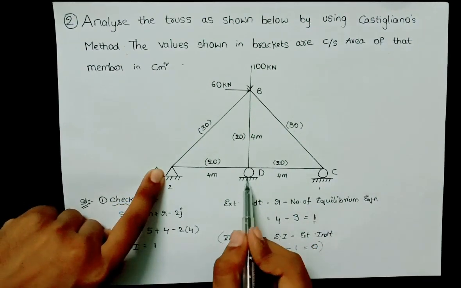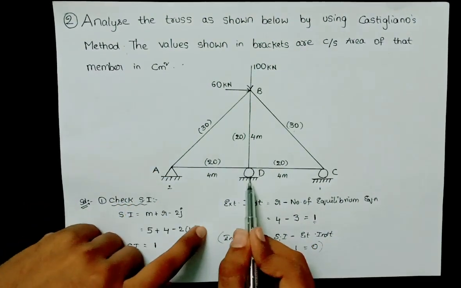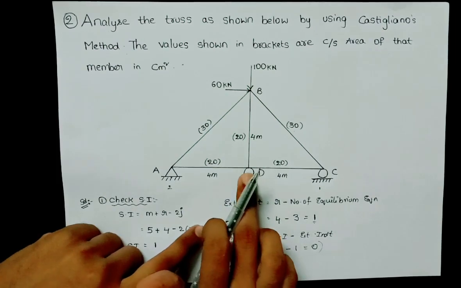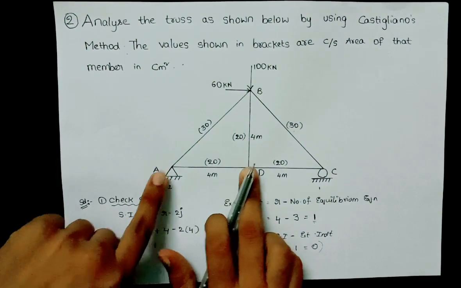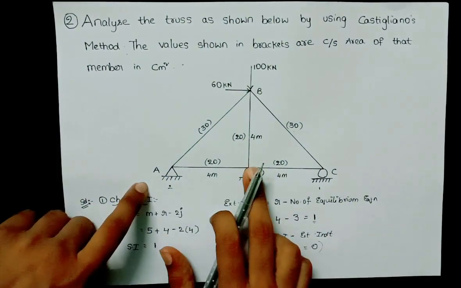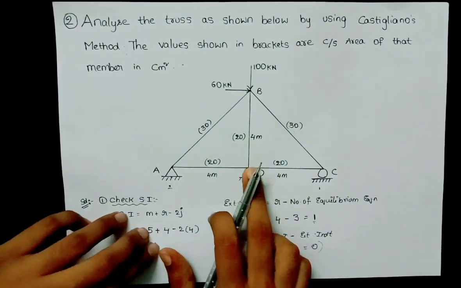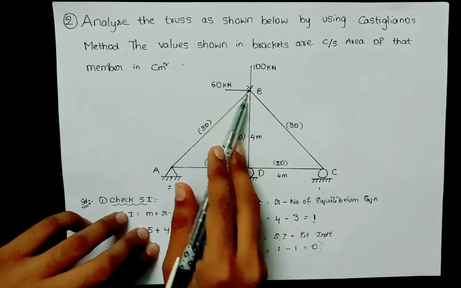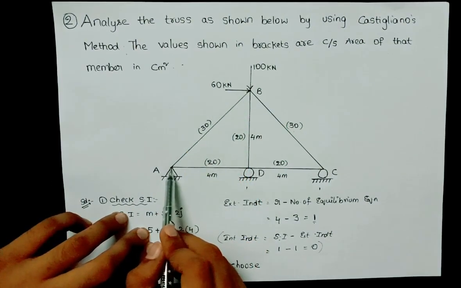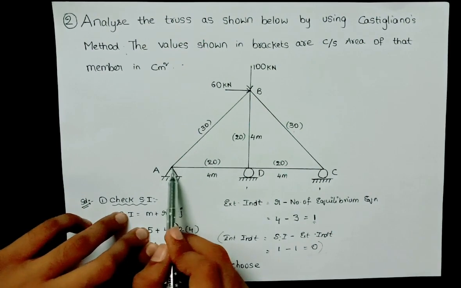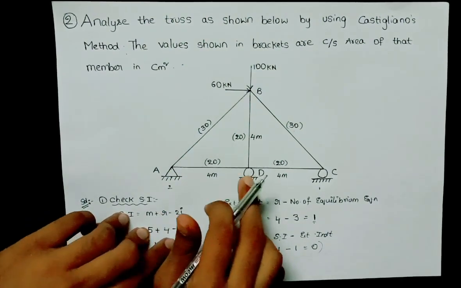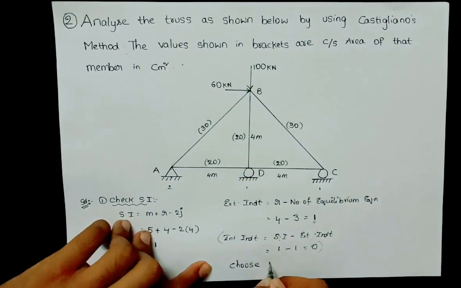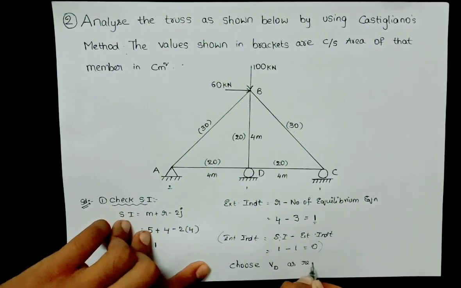If we take the vertical reaction at D as redundant, then it will look like a simply supported beam, and it will be easy to calculate the support reactions. Since there is only one horizontal load, there will be another horizontal reaction here, so it is not better to take that as redundant. So I am taking the vertical reaction at D. That means I will choose the vertical reaction at D, Vd, as redundant.